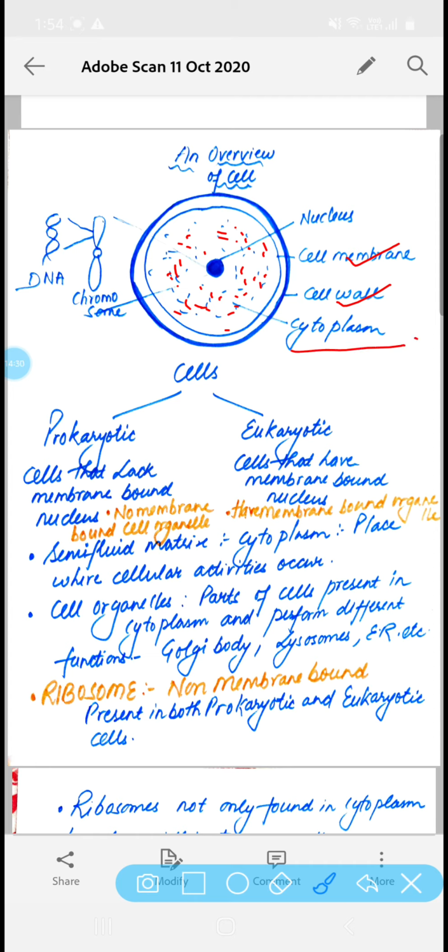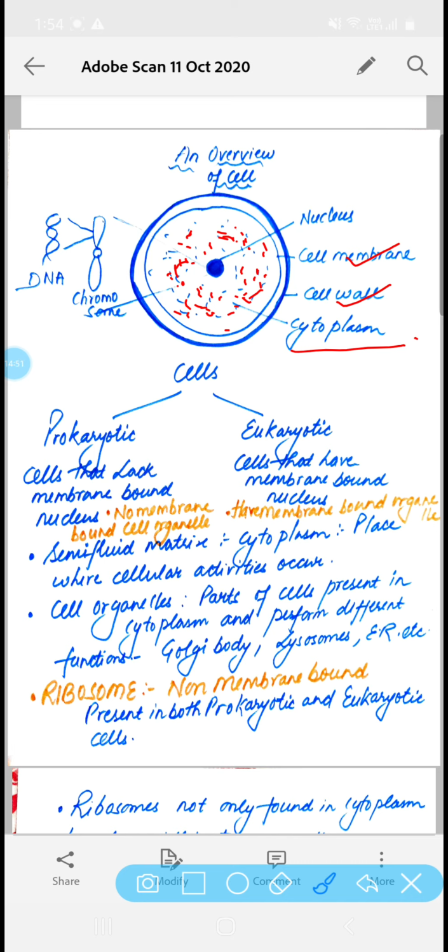This cytoplasm is the site where the cellular activities take place. Okay, inside the cytoplasm many cell organelles are present. These cell organelles are the parts of the cell which perform different kinds of functions.